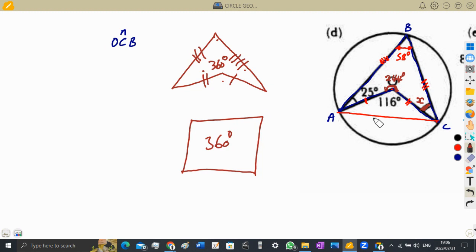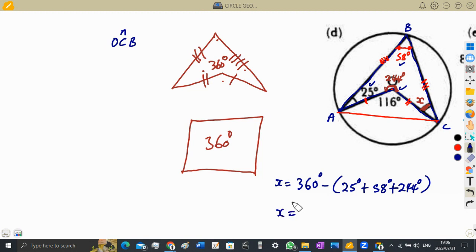So maybe this angle we refer to as x because we do not know, it's just an unknown value, this one. So we can simply say our x now is going to be 360 degrees minus all these other angles. We've got three angles inside, which is going to be 25 plus 58 degrees plus 244 degrees.